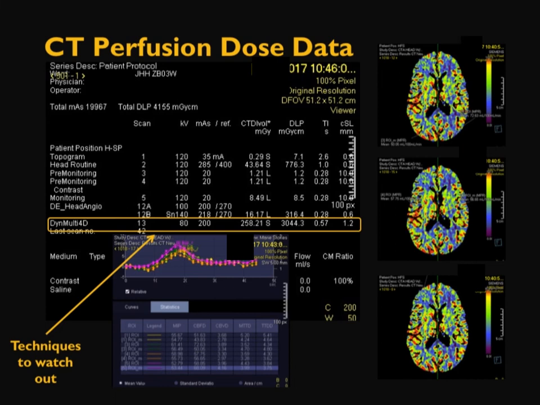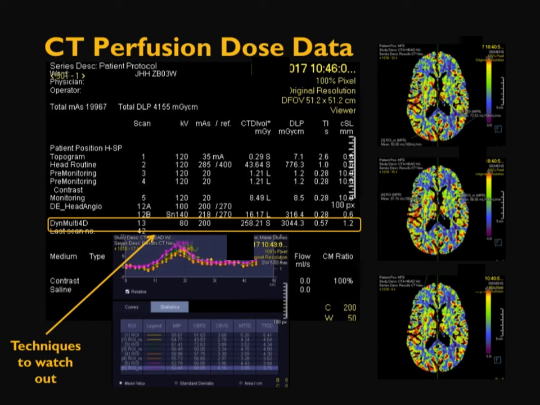However, the side effect of CT perfusion is a concern for excessive radiation exposure. On this dose chart, this particular protocol done in February had a head routine followed by a dual energy CT angiography of the head, followed by a dynamic CT scan, that is a perfusion CT scan.